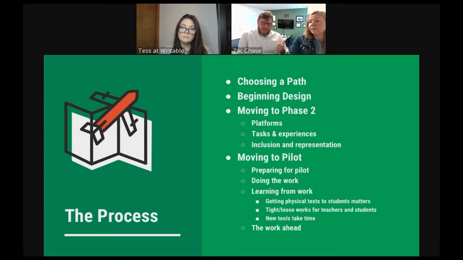One is 180 Days by Penny Kittle and Kelly Gallagher. These are in the document that Tess shared, by the way. 180 Days by Kittle and Gallagher. The Book Whisperer by Donalyn Miller. And the 6 Academic Writing Tasks by Jim Burke.